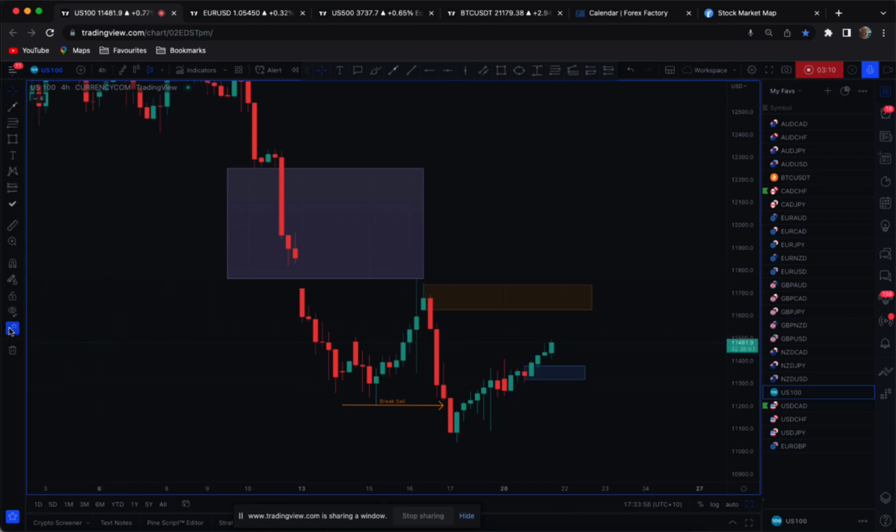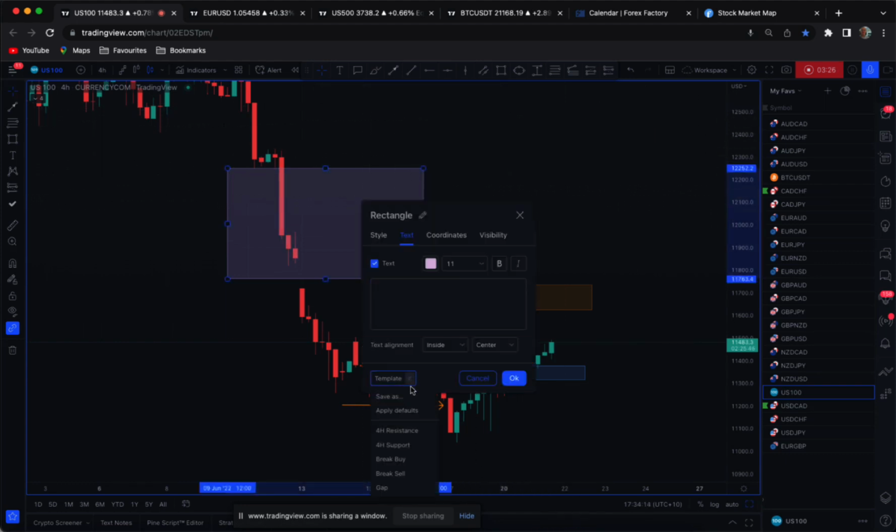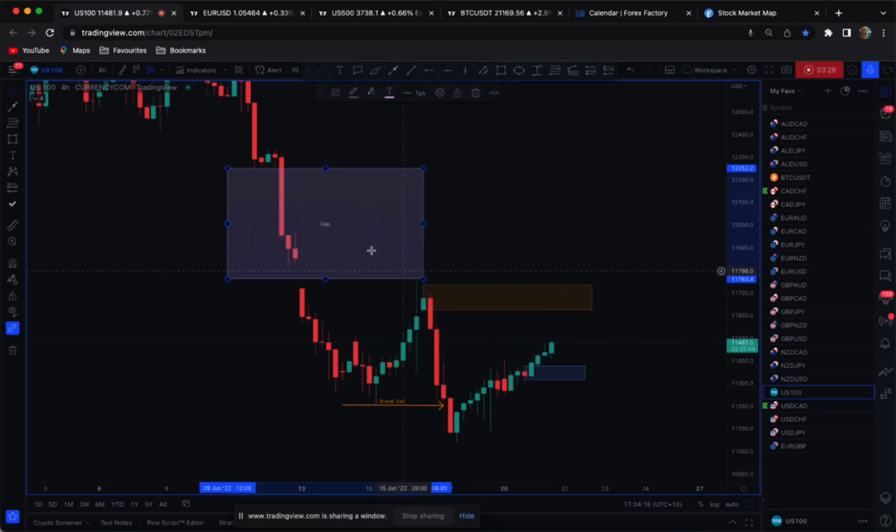What I've done is selected this toggle over here so that these transfer onto my other time frames. I've got a 4 chart layout set up here, and I'll just mark this up. I'll call it a gap, so that on the lower time frame we can see these areas and know what they are.